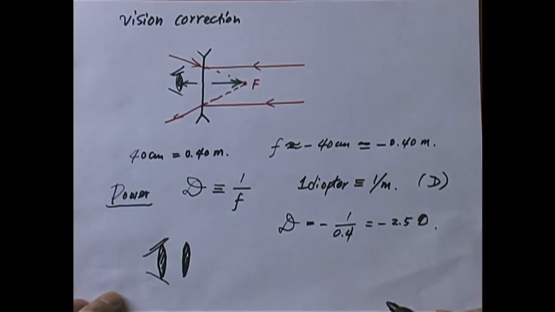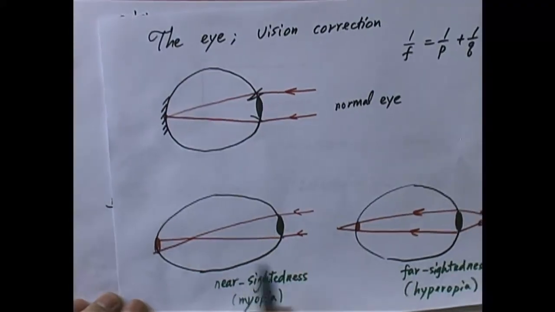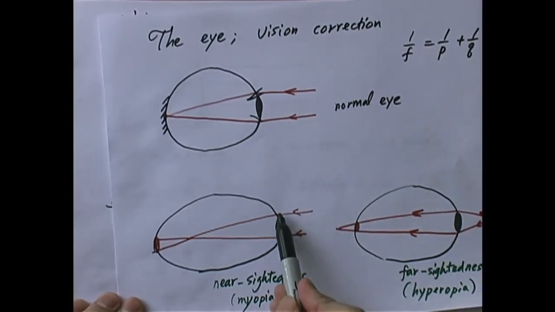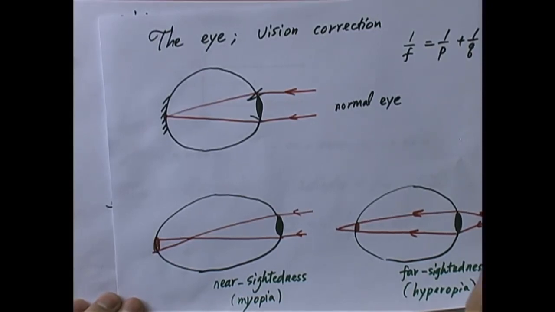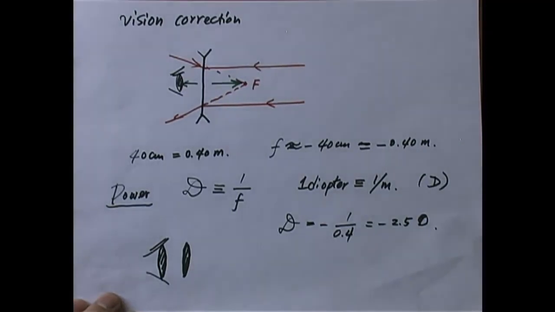The computer measures the curvature of your lens, and it knows exactly how much to cut away so that you will get a perfect shape. You cannot change your eyeball, but the lens is flatter, so that this beam will focus here instead of there after you lower the power of the lens. Okay, so that's how laser vision correction works in principle.